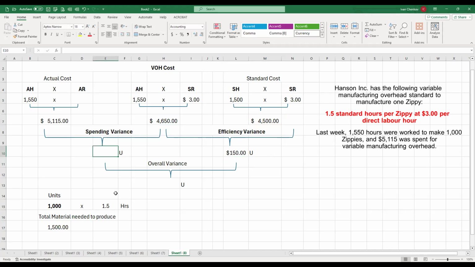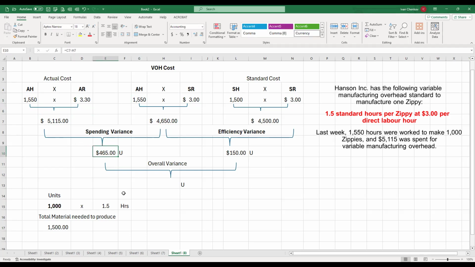How about on spending? Oh, we didn't calculate here the actual rate. Actual rate will be $3.30. On the spending variance, we are overspending, correct? $465. How are we going to get that? Those 30 cents increase in the variable overhead rate times 1,550 hours.